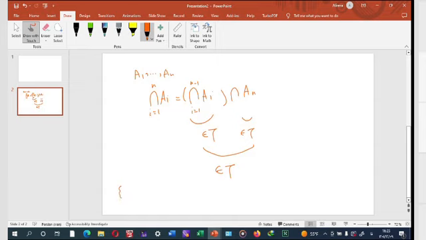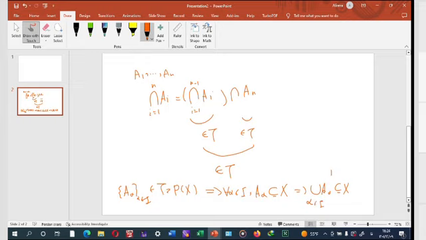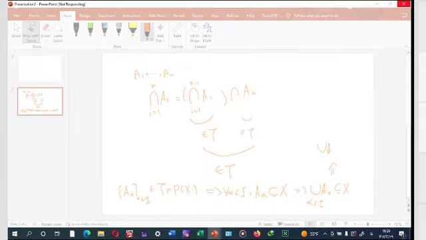If we consider any family in tau equal to P of X, then for any alpha, A alpha is a subset of X, so its union is a subset of X, and the union of this family is an element of P of X.